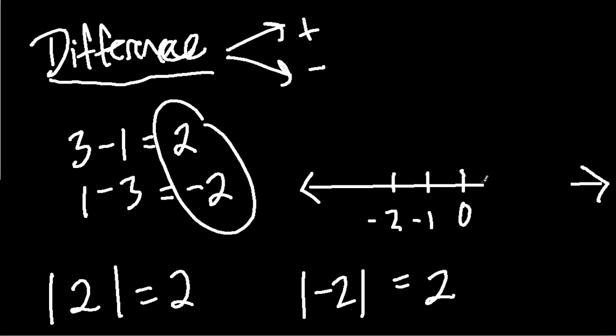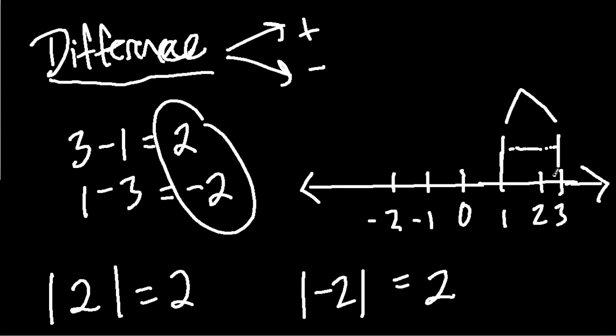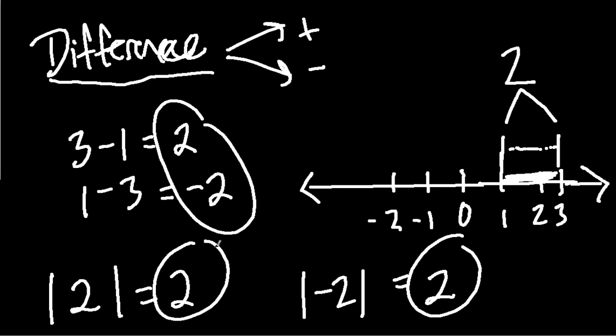Here's 1, 2, and 3. The distance is from this point measured over to this point right here. And that distance is 2, which equals these values right here. So we could say that the difference gives you the distance if you take the absolute value of the difference.